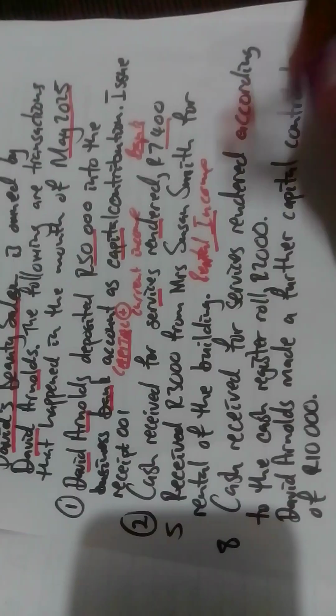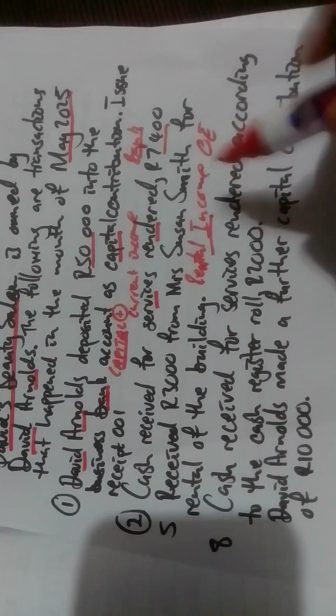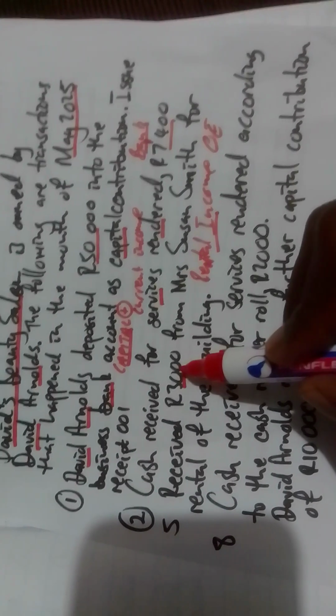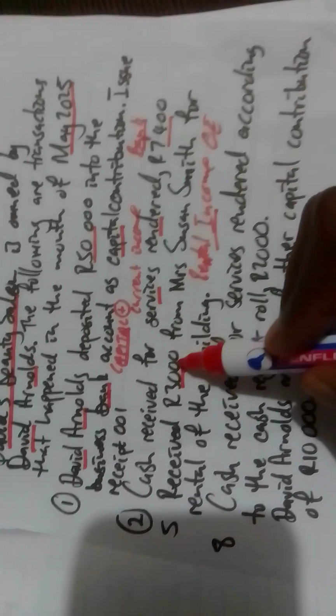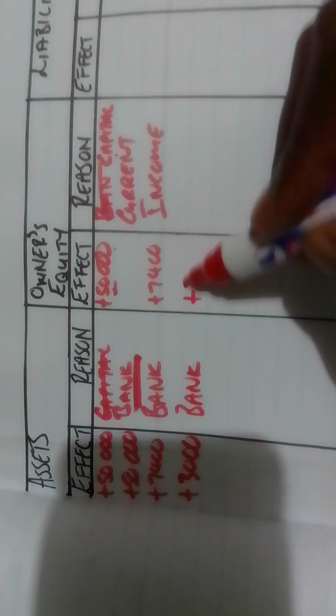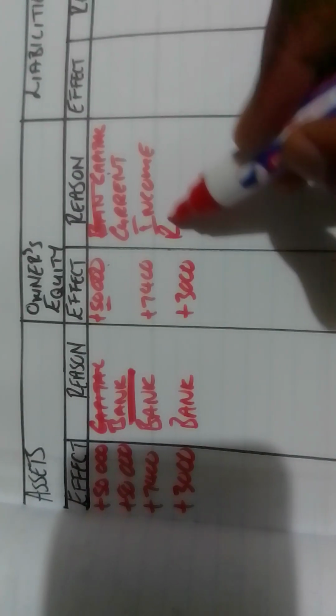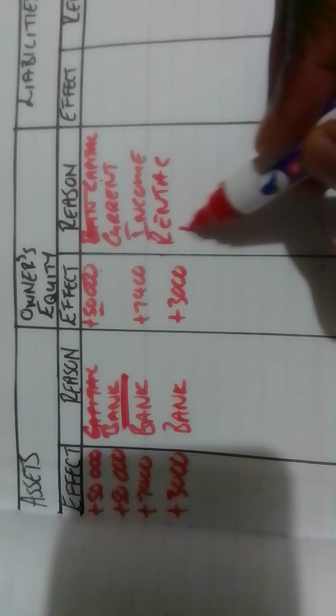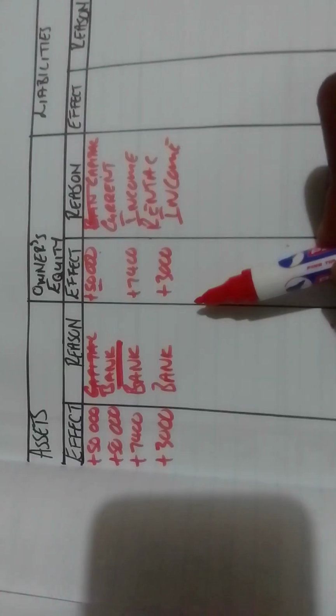And rental income is owner's equity. This 3,000 does not stay in our register, it stays in the bank. So we are going to record two entries: plus 3,000 rands bank, and plus 3,000 rands rental income, right? And just like that, we have recorded our two entries.